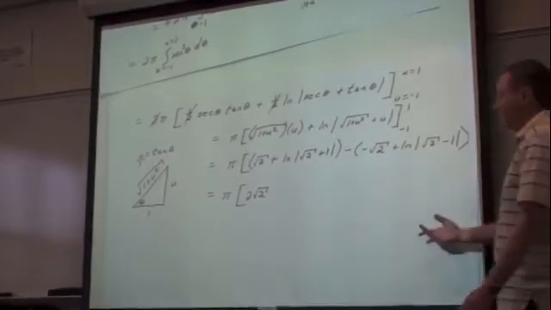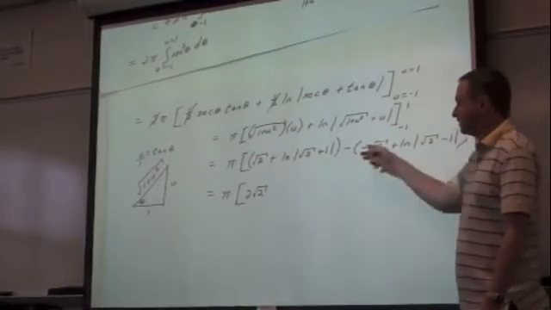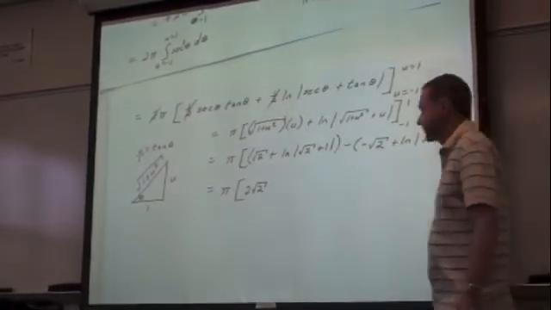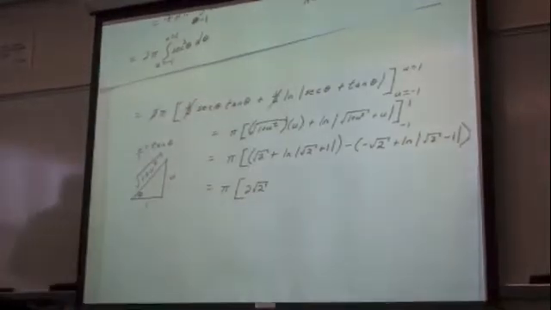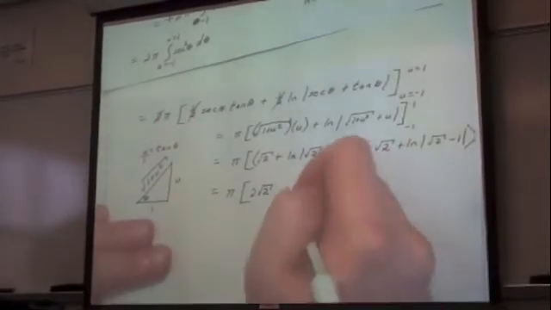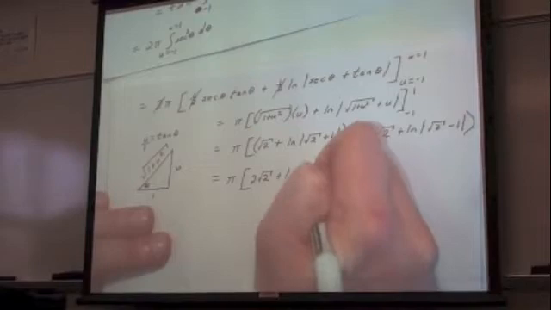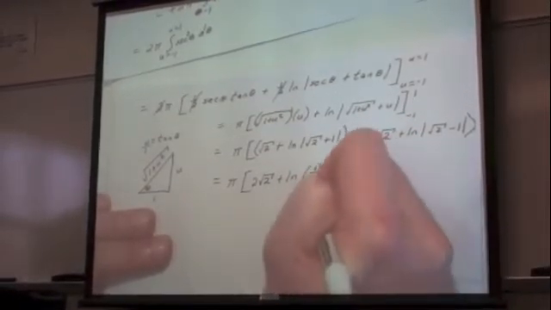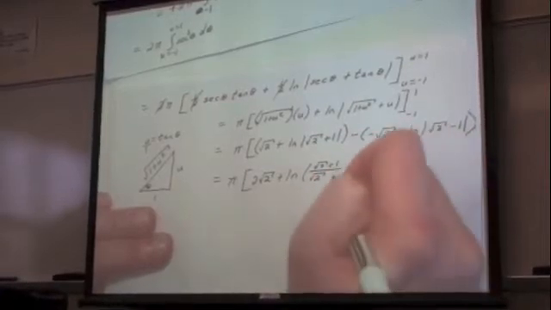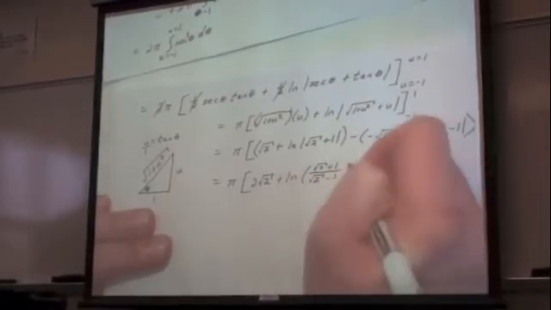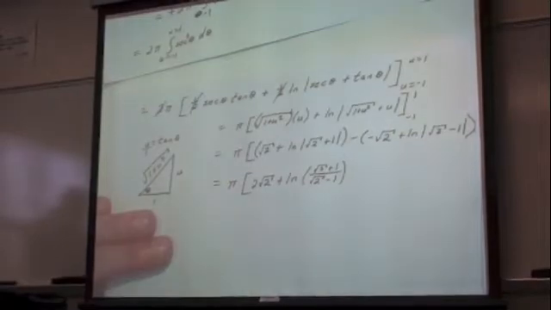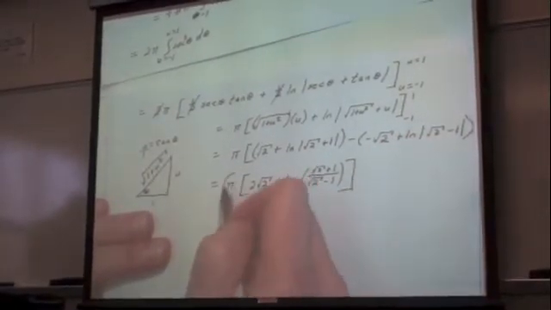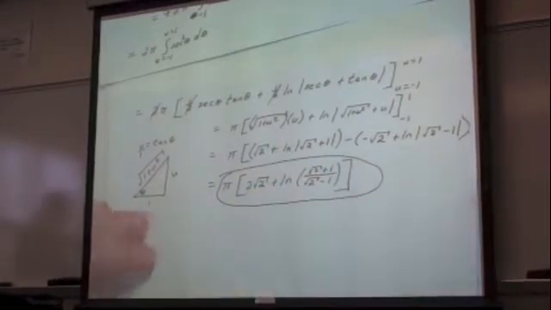So you could combine these logarithms by saying it's the natural log of the square root of 2 plus 1 over the square root of 2 minus 1, plus the natural log of square root of 2 plus 1 over the square root of 2 minus 1. I dropped the absolute value because I knew that this term was going to be positive anyway. Square root of 2 plus 1 and square root of 2 minus 1 being positive terms. That would be my best exact final answer.